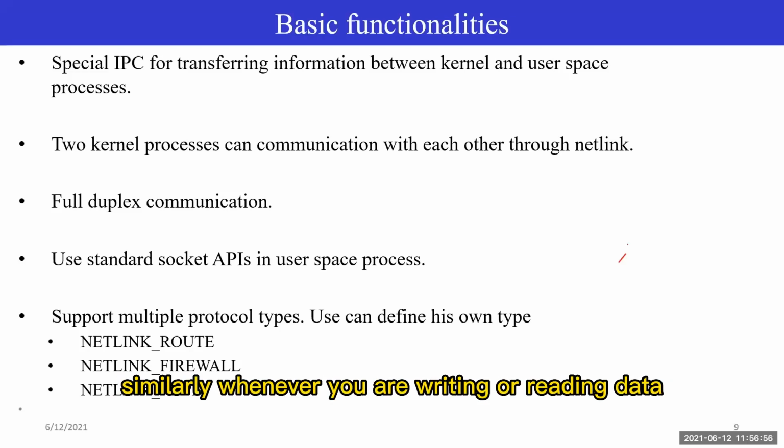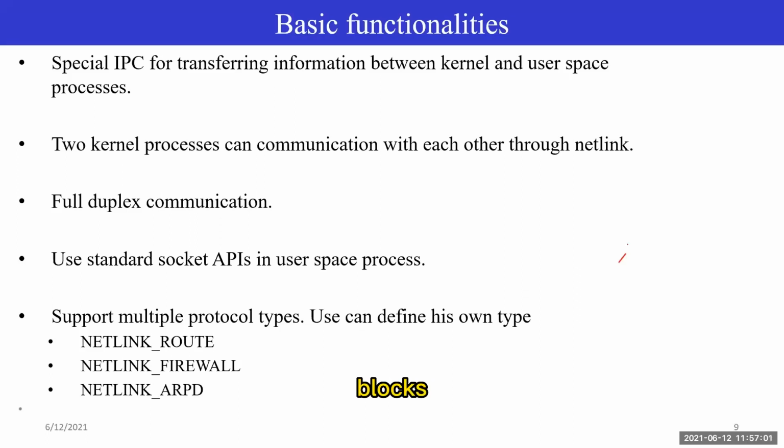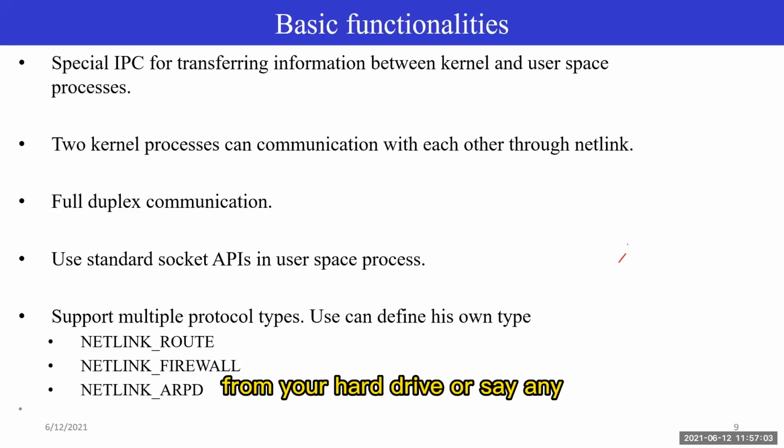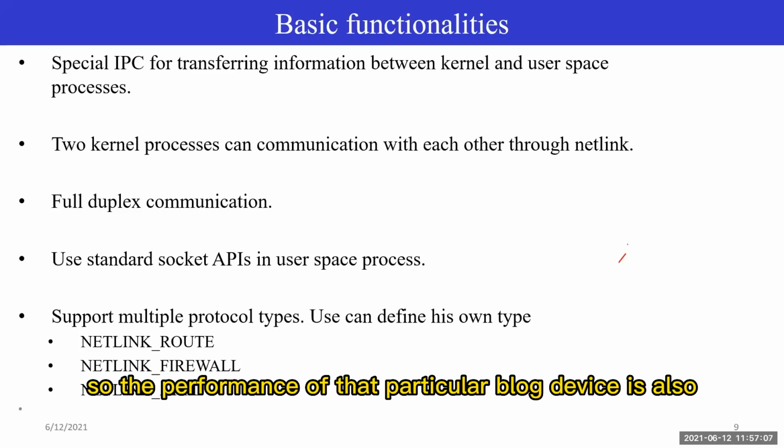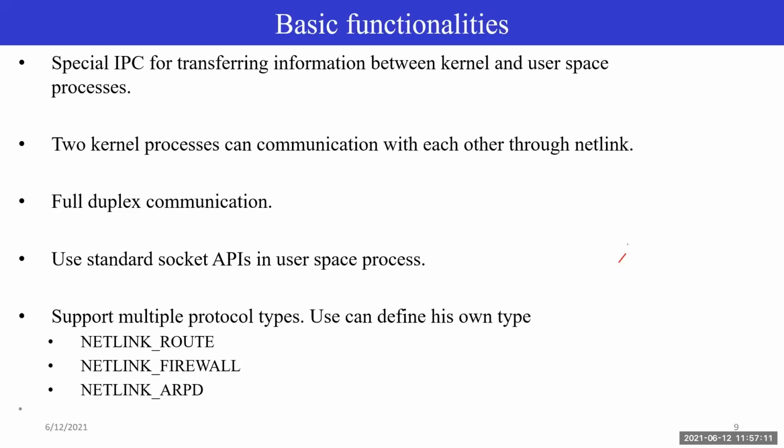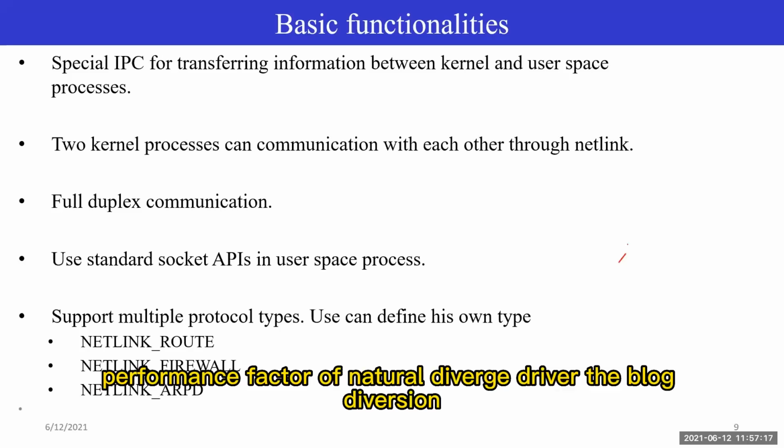Similarly, whenever you are writing or reading blocks from your hard drive or any other storage device, the performance of that particular block device is also a factor. I cannot bypass this.